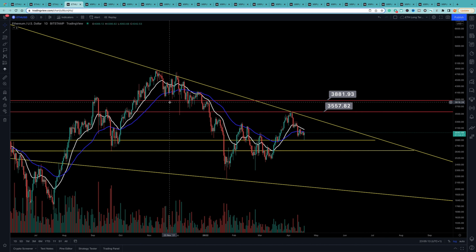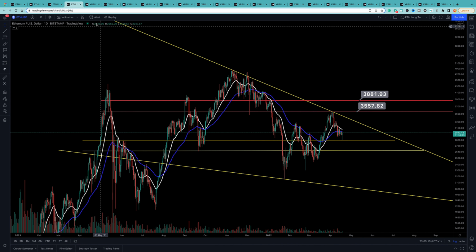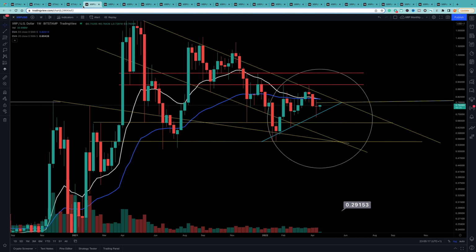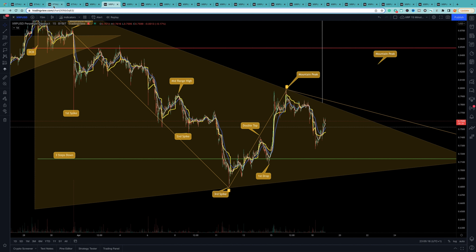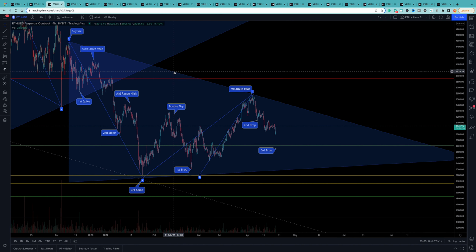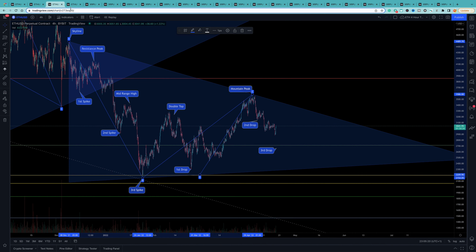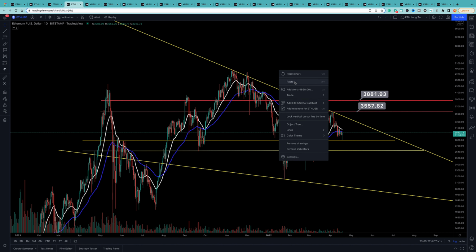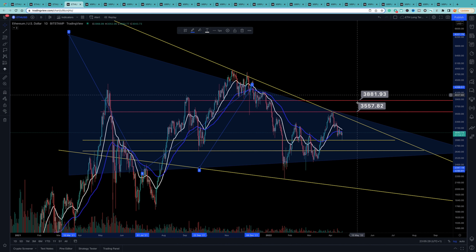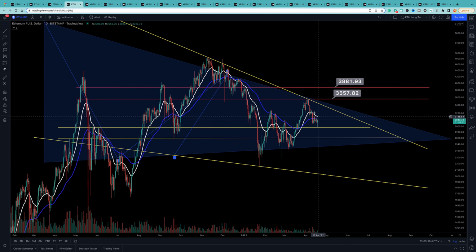But look at how I mapped all this out, and when you take the 4 hour, the confluence is already mapping out the arc, and it's pretty much telling us what's going to happen.